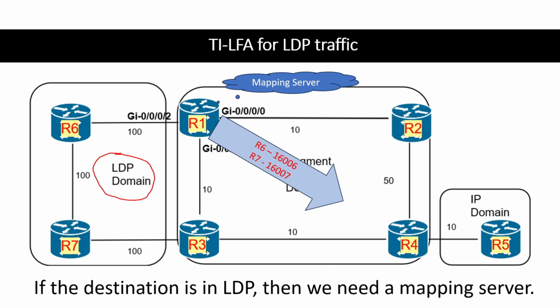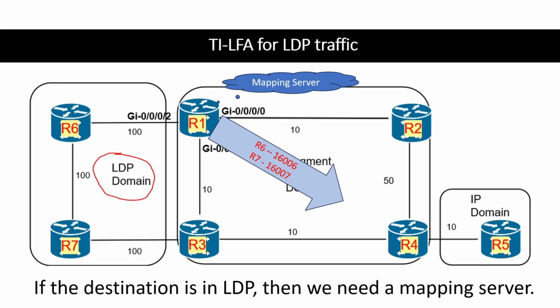So there might be a question in your mind: when to use the mapping server? If my destination is in the LDP domain, then we need the mapping server. But if we are traveling from the LDP domain toward the segment routing domain, we don't need any mapping server requirement on the LDP side or on the segment routing side.